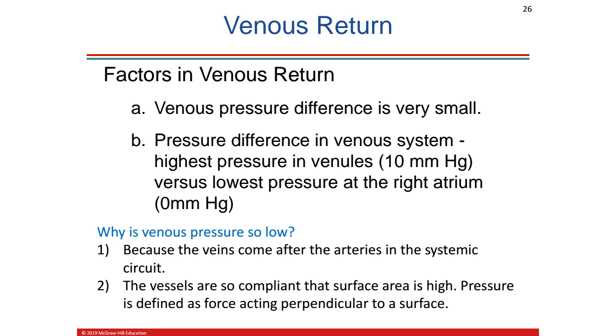Okay, so venous pressures are very low. And we can ask the question, why is venous pressure so low? Well, one thing is it's just due to the fact that veins come after the arteries. So you have resistance to flow, which is primarily due to friction. And although some of it is due to the friction within the fluid itself, a lot of it's due to the friction between the fluid and the walls of the vessels that the fluid is moving through. Pressure can be thought of as potential energy.